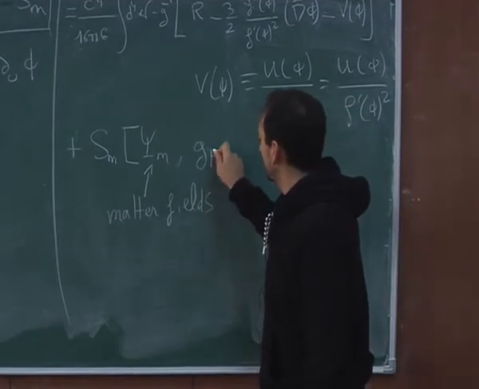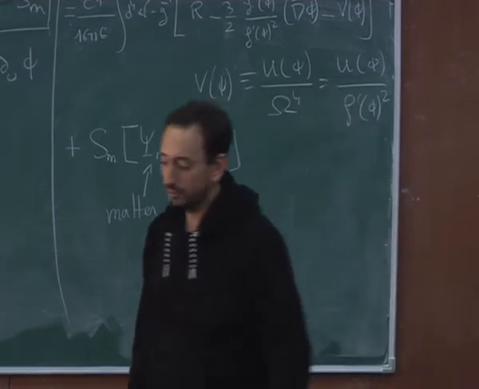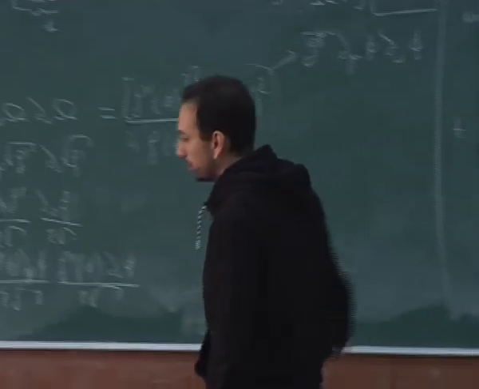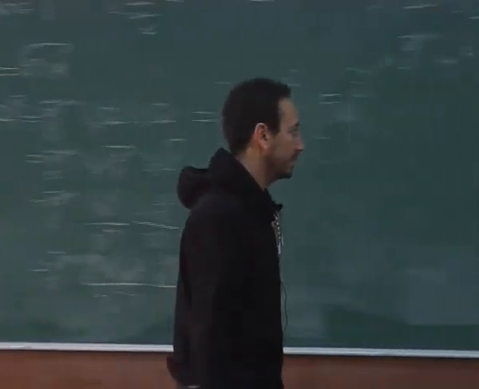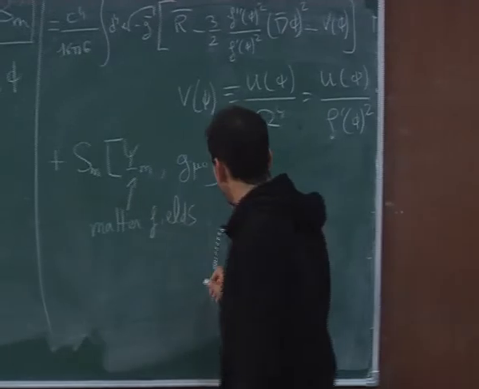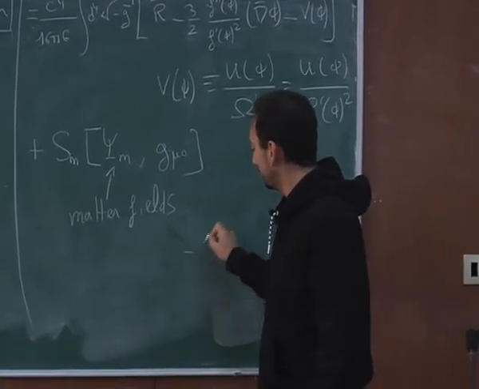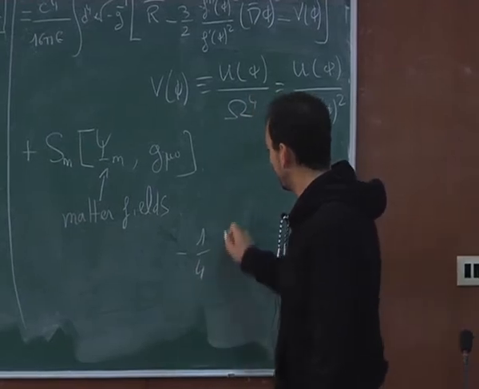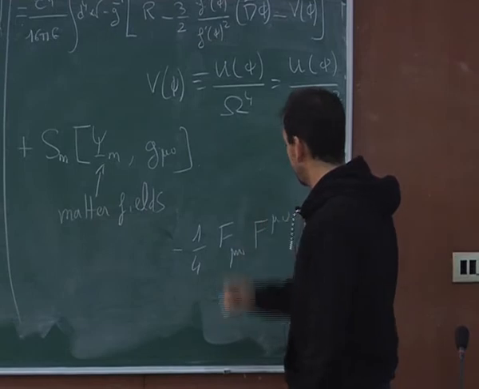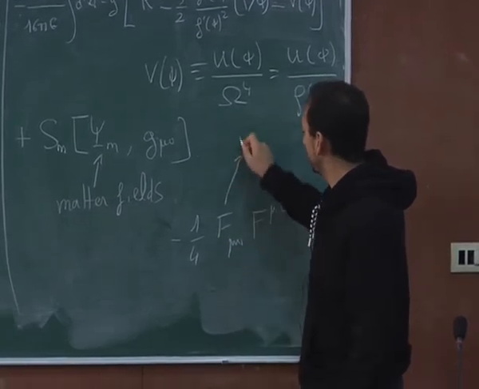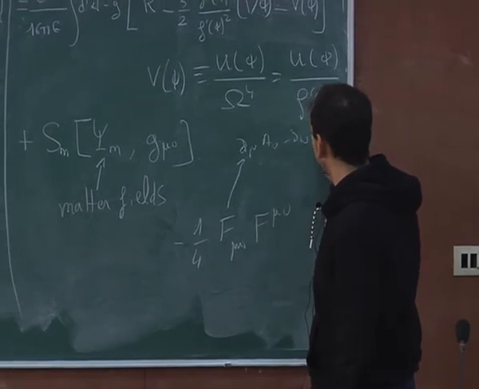This is always coupled to the geometry. So there is always some geometry there. If you take, I don't know, the electromagnetic field, when you write the action, you have minus 1/4 F mu nu, where F mu nu is just d mu a nu minus d nu a mu.